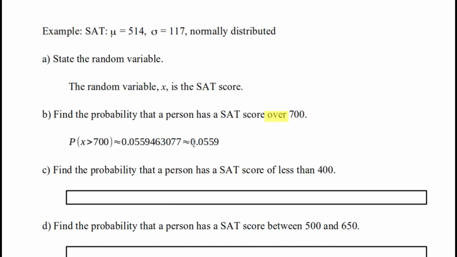So let's see how to write this. It's asking us what is the probability that that random variable for a randomly selected SAT score is greater than 700, and we rounded it to about 5.59%.